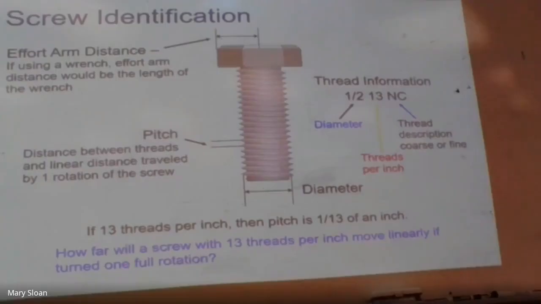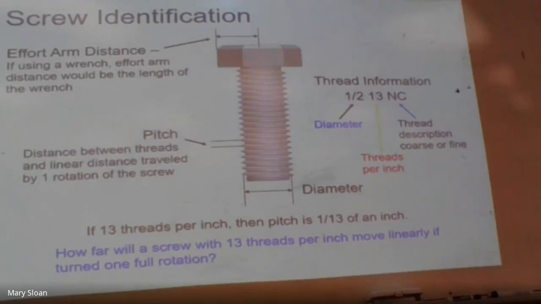So the question is, how far will the screw with 13 threads per inch move if you turn it one full rotation? It's asking you how many inches it will move. 13 threads per inch.